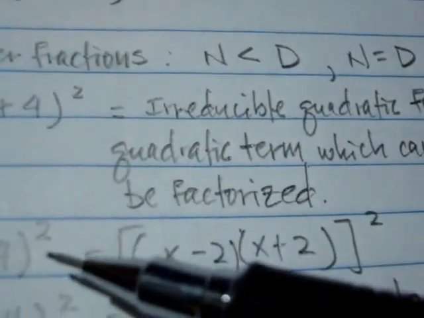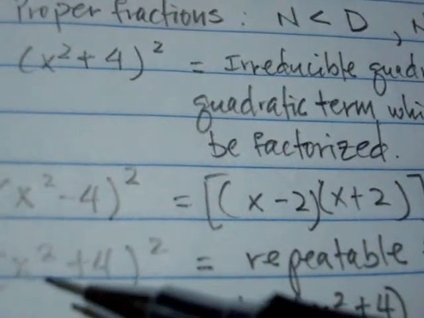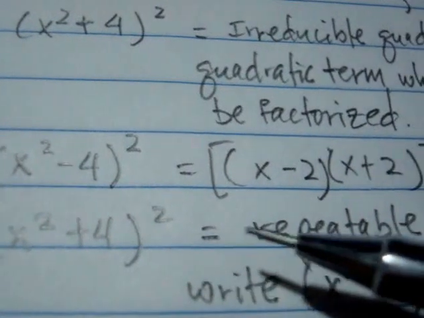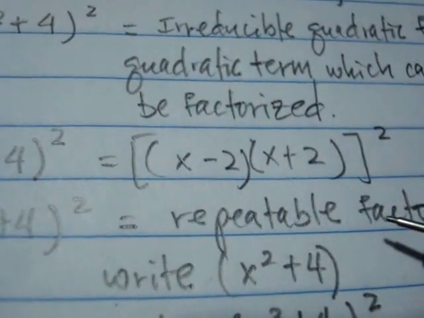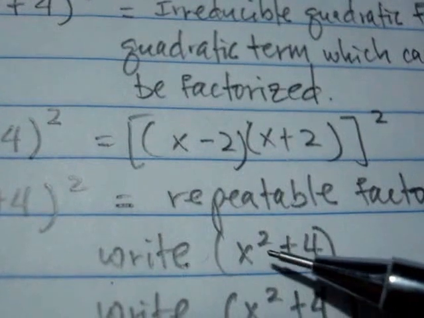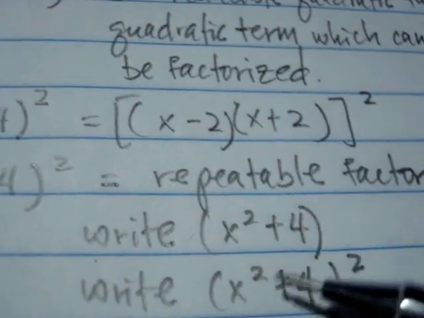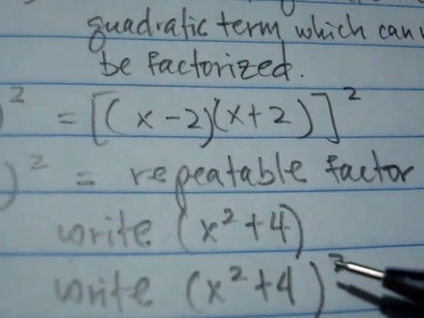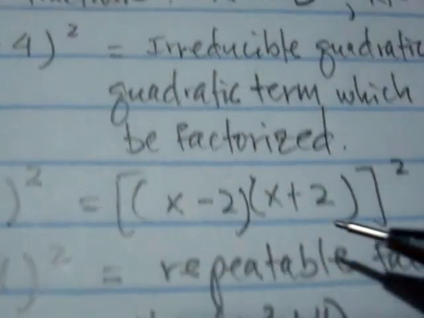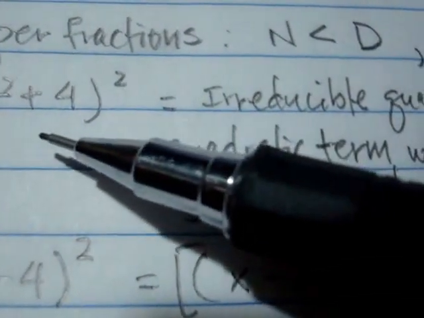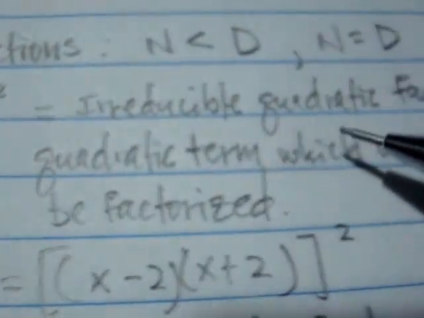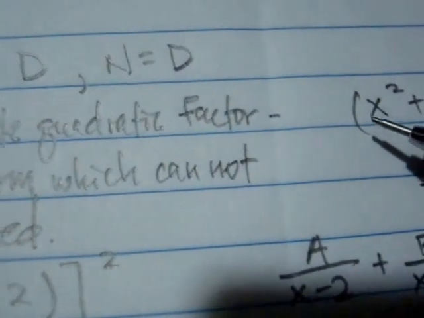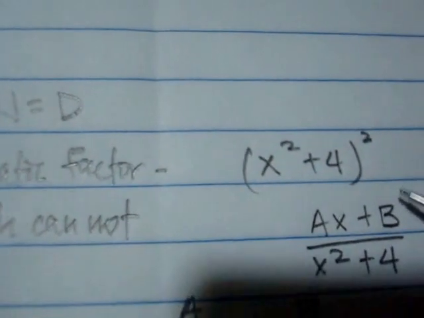And the other thing you have to recognize is that the denominator of x squared plus 4 raised to the second power is a repeated factor. So that means you have to write it twice. X squared plus 4, and the second thing you need to write is x squared plus 4 raised to the second power. Notice that for this irreducible quadratic factor, to do the partial fractions, you need to write it like this.